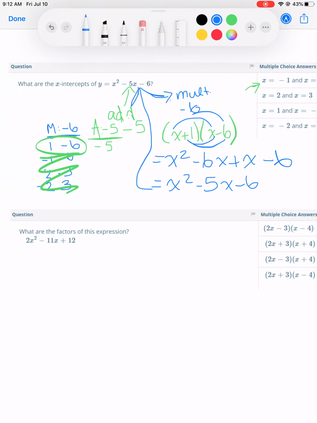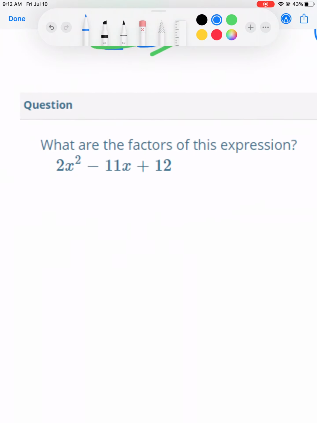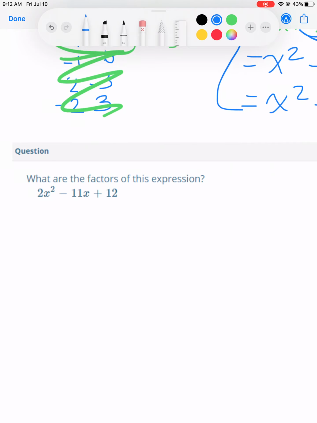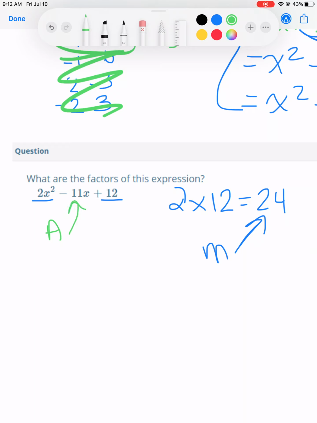For this one, there's one extra step. So what you need to do is multiply the a and c term together. 2 times 12 is 24. So now what we're going to do is we're going to find two numbers that multiply to 24 but add to -11.